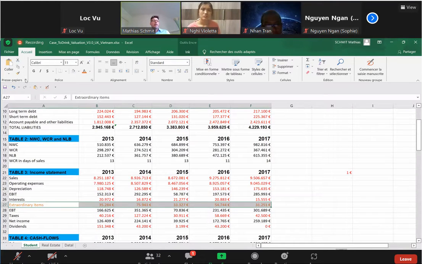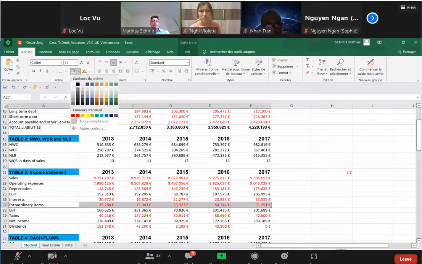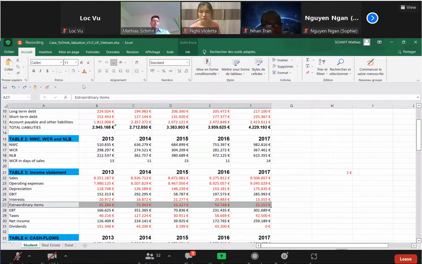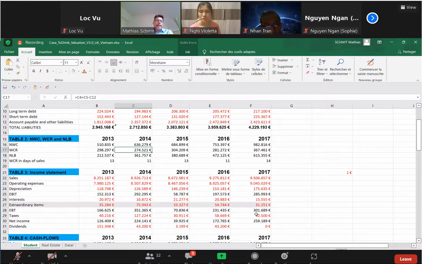Let's take them in gray. And then the question is, should I take these extraordinary items to forecast my free cash flows?